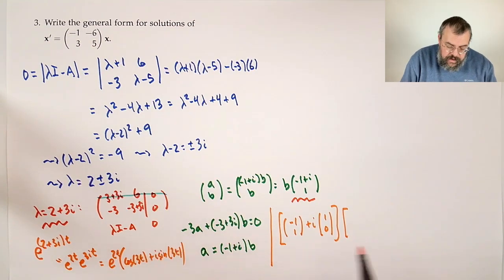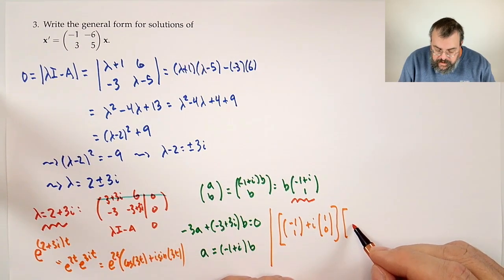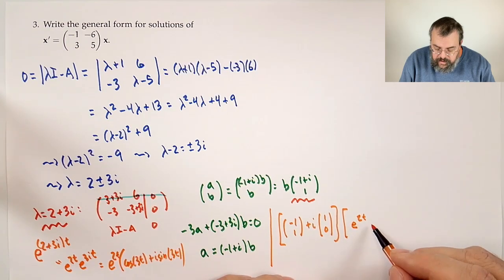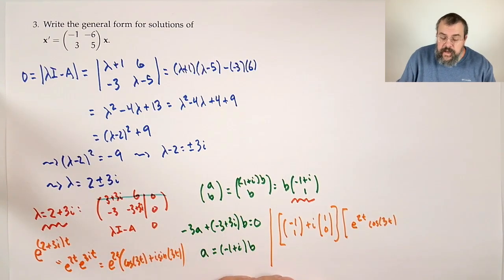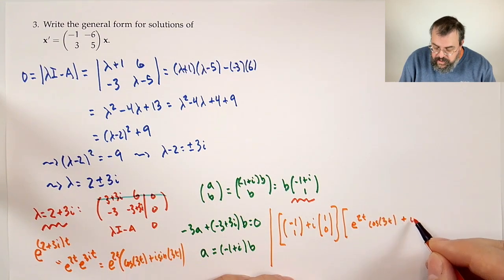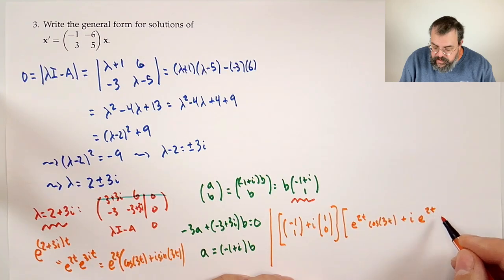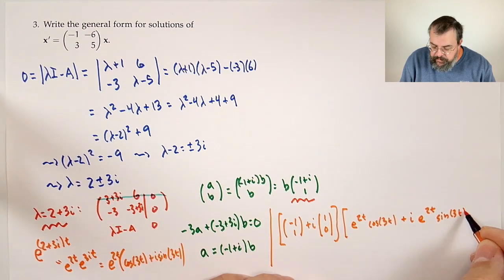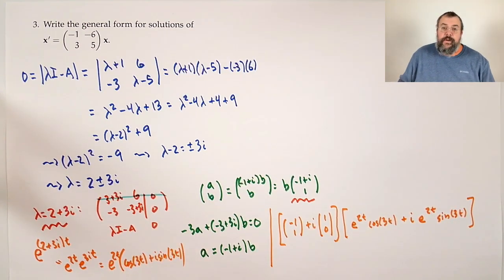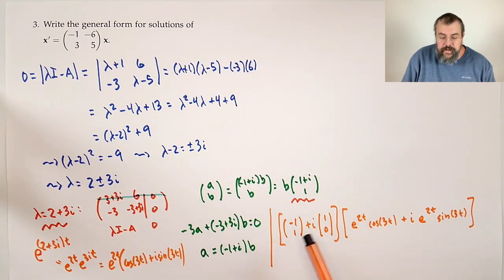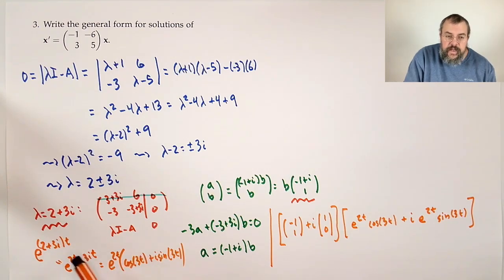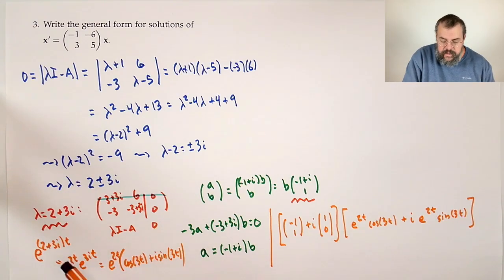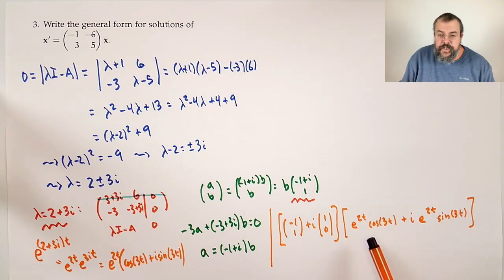So, distributing that through, we get e to the 2t cosine 3t, so that's the real part, plus i e to the 2t sine of 3t. Okay, so we took our eigenvector, split it up into real and imaginary. We took our eigenvalue, which corresponds to this exponential, and that corresponds to this function, split that up into real and imaginary.